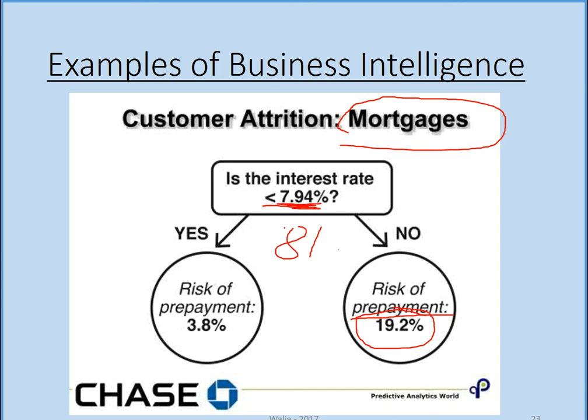On the other hand, if the interest rate is lower than 7.94%, then only 4% of people are likely to prepay their loan, which will mean more income for Chase Bank. So this tells the Chase management to try to keep the interest rate lower than this number.